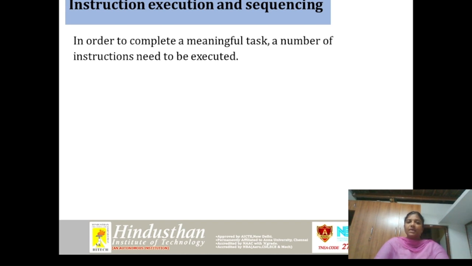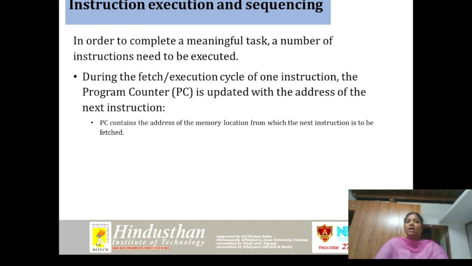In order to complete a meaningful task, a number of instructions need to be executed, of course. If you want to run a program, there will be a number of instructions and those instructions have to be executed to complete a task. First, during the fetch or execution cycle of one instruction, the PC is updated with the address of the next instruction.